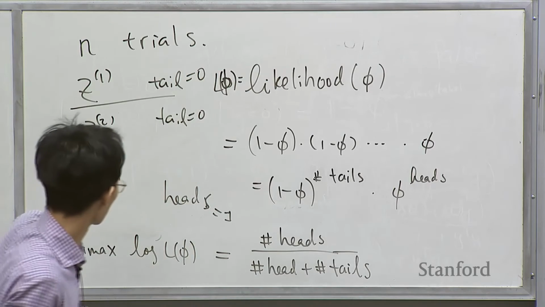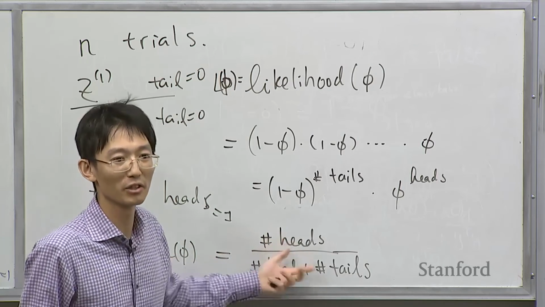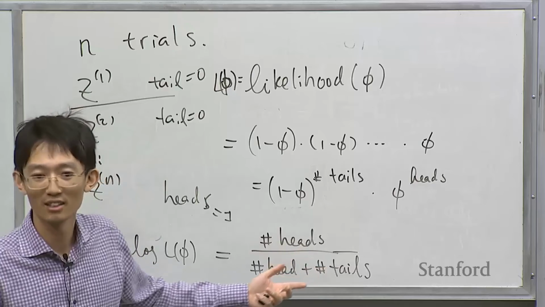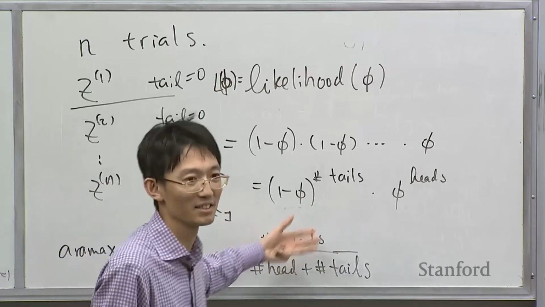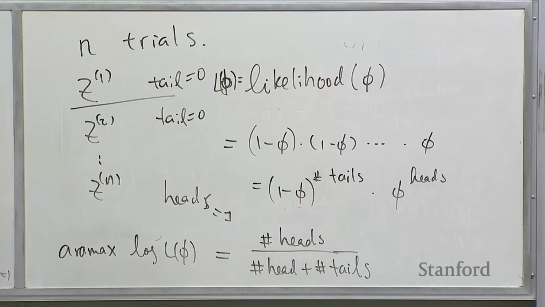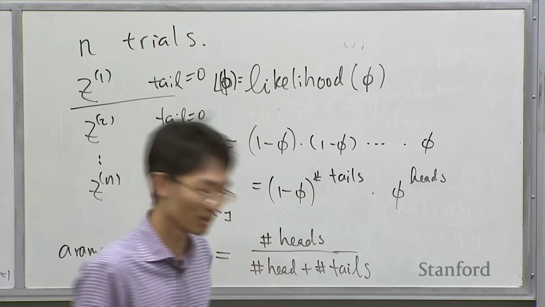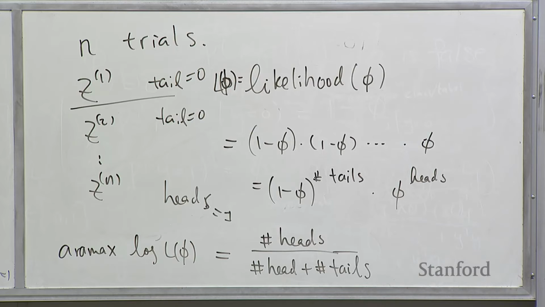Which also makes sense because this is basically the empirical frequency of seeing heads. By empirical, I just mean the frequency that you see heads in the training set. And that's your most likely estimate for phi.